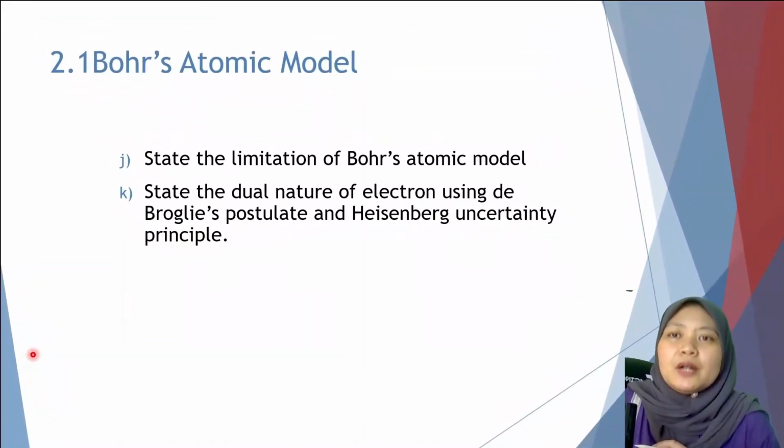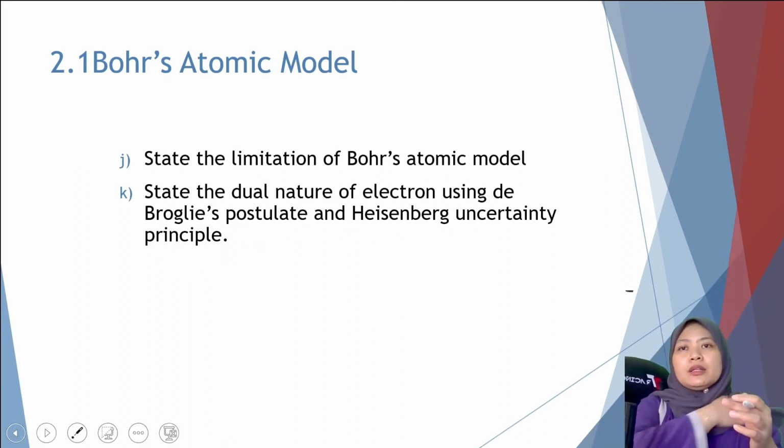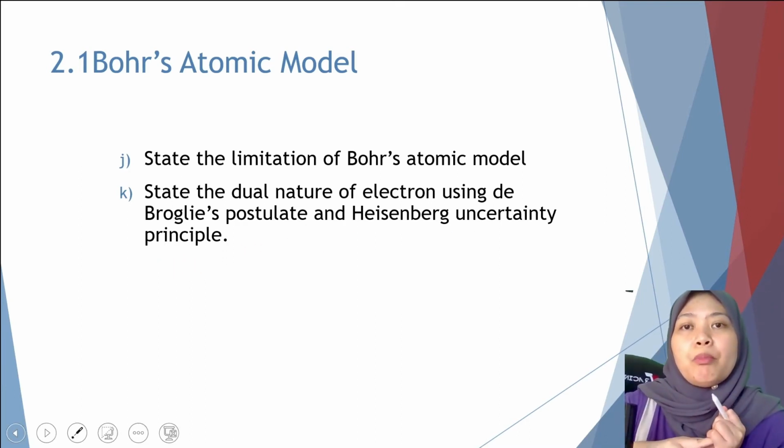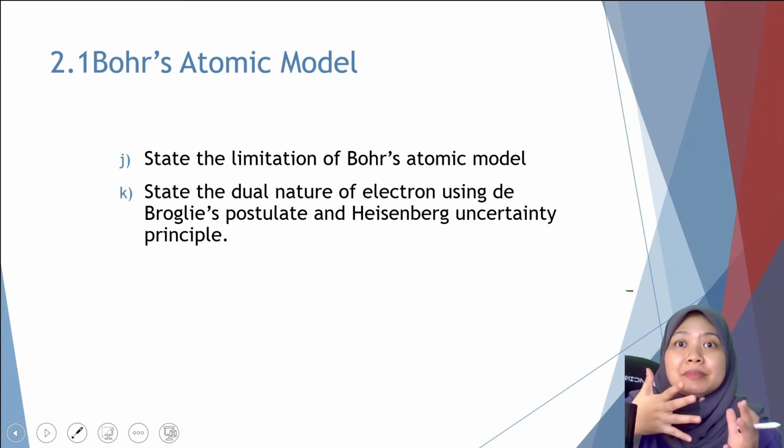The last learning outcome: state limitation of Bohr atomic model, and state the dual nature of electron using de Broglie postulate and Heisenberg uncertainty principle. Earlier, you learned about the 3 Bohr postulates, meaning based on Bohr's research, what he came out with about the atom.